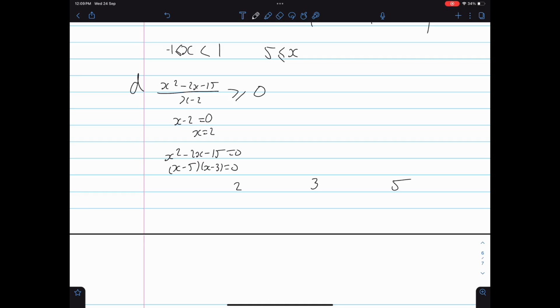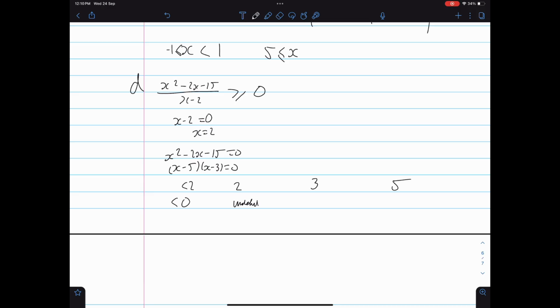If it is less than 2, you're going to get a negative number on the bottom, and it'll be positive on top, because a quadratic looks like that. It's undefined here, but at less than 2, it'll be negative, so less than 0.